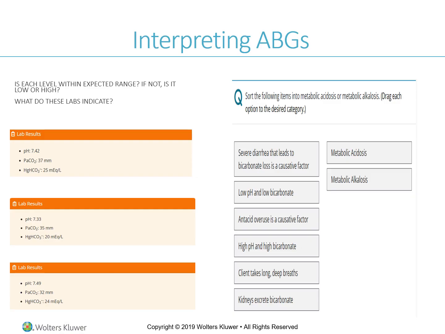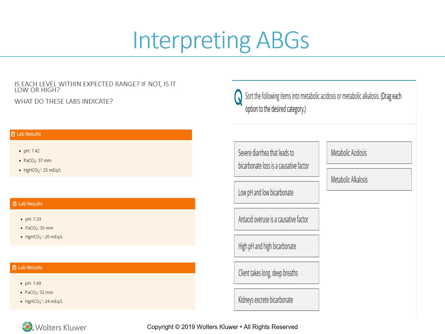Okay, so this is a practice slide for interpreting ABGs, and then I gave you a second question over here. There are 3 examples of interpreting ABGs: the lab result in the first box, second box, and the third box. And there's another one here that will let you drag.